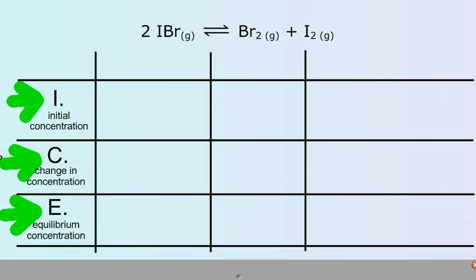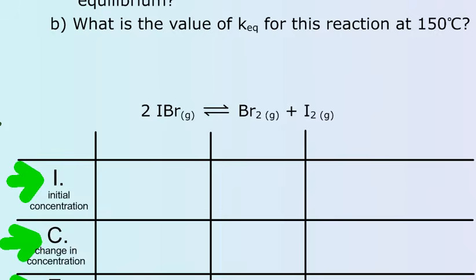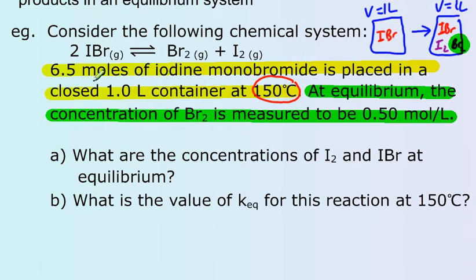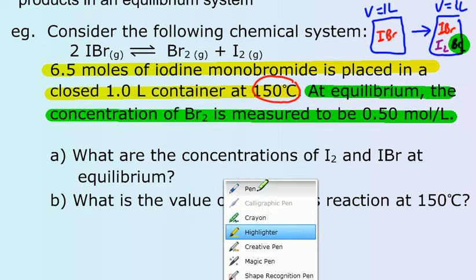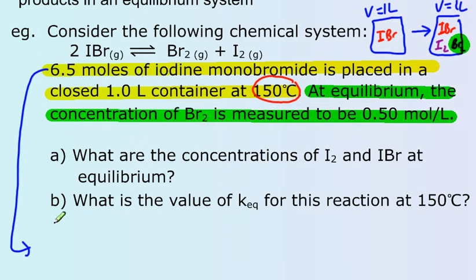To start filling this out, we want to check and see what our initial concentrations are. If we go back to our given information, we are told up here that for iodine monobromide, we have 6.5 moles. N for moles, and the volume of the container that we're in is 1 liter.